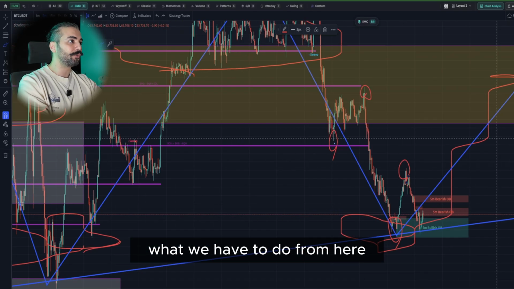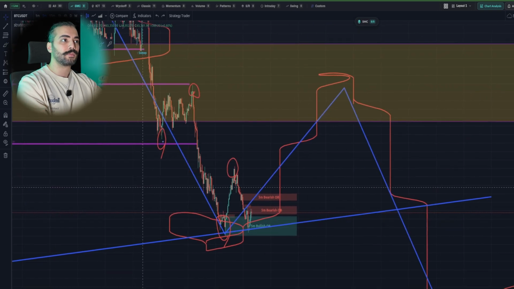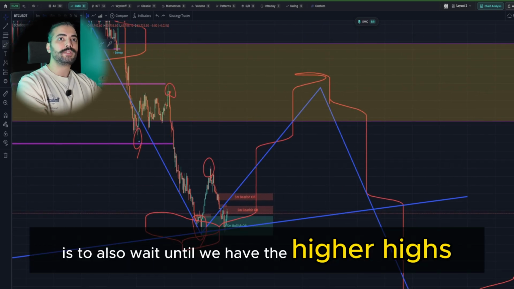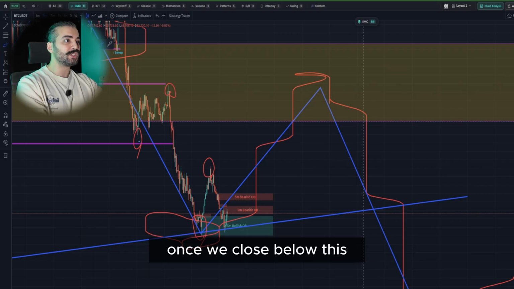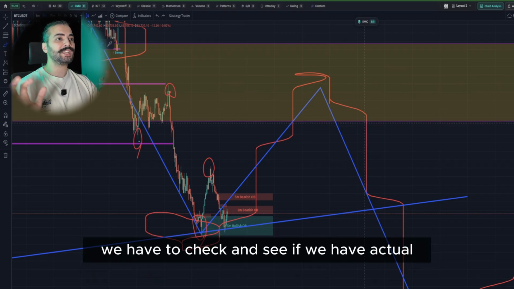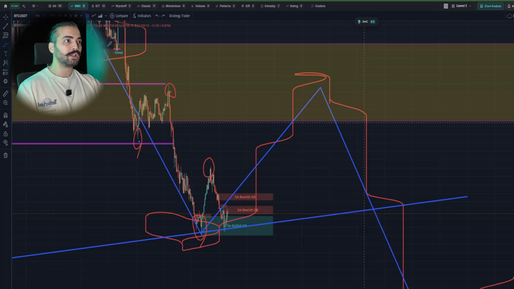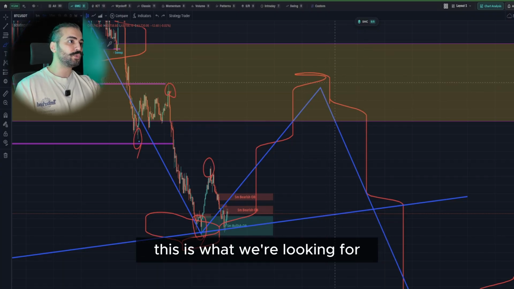What we have to do from here is also wait until we have the higher highs, higher lows, all the way to here. Once we close below this, we have to check and see if we have actual lower lows and lower highs. This is what we're looking for.